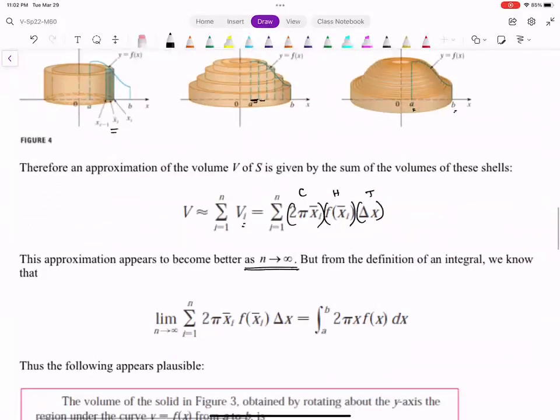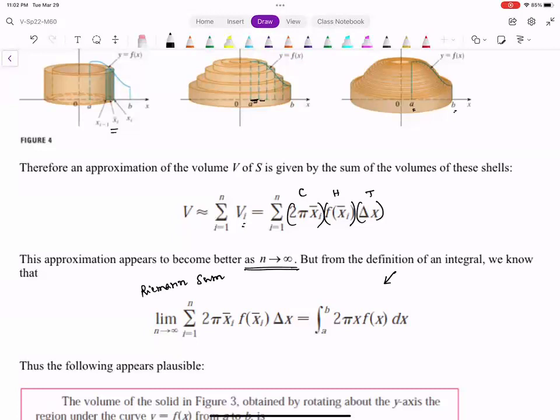When n approaches infinity, this becomes a Riemann sum of volumes: the limit as n approaches infinity of the sum, i from 1 to n, of 2 pi x_i bar f of x_i bar delta x. And we always convert the Riemann sum into the integral, the elongated S.